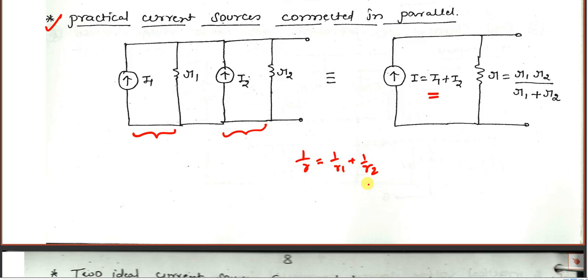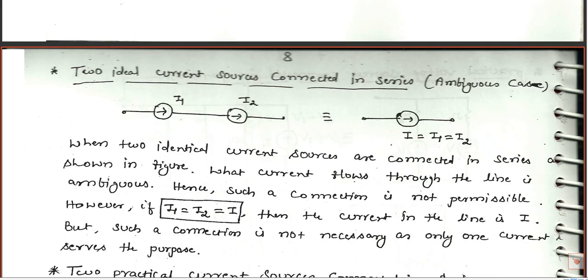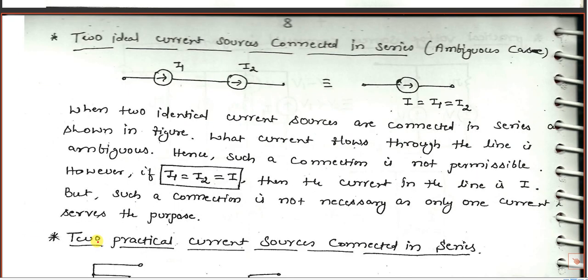Suppose two ideal current sources are connected in series. Remember, in series the current remains the same. For example, this is 5 amps and this is 3 amps. In any circuit, if they give two current sources in series with 5 amps and 3 amps, then it is illegal.